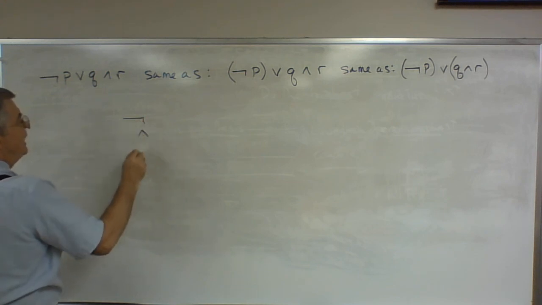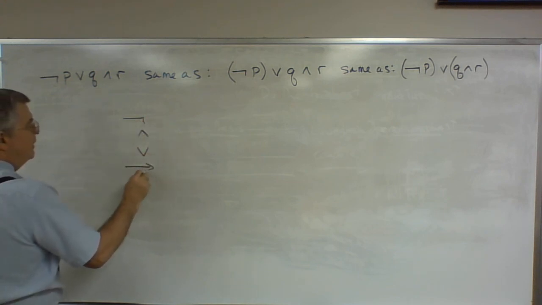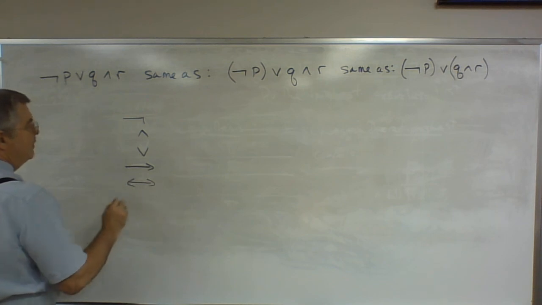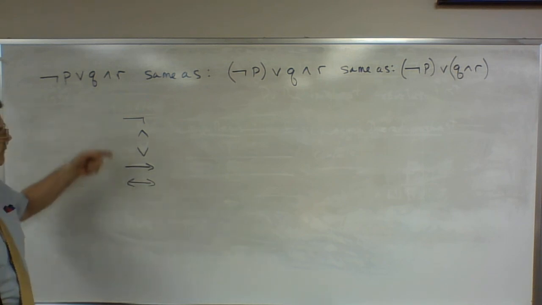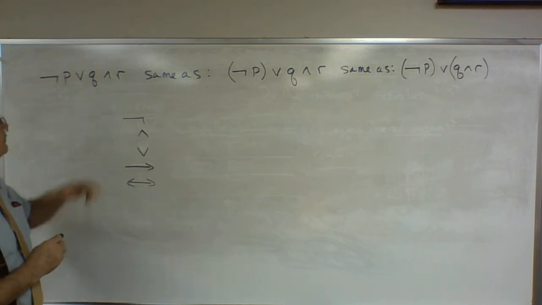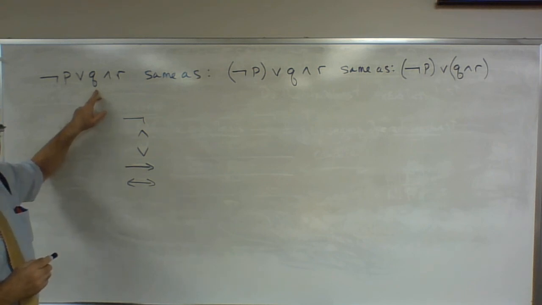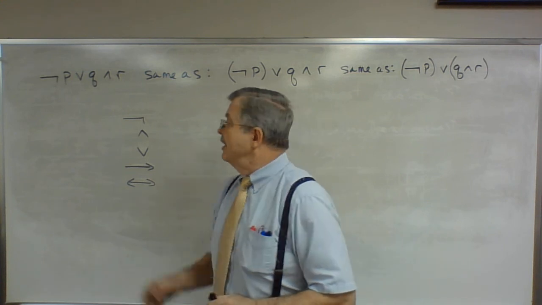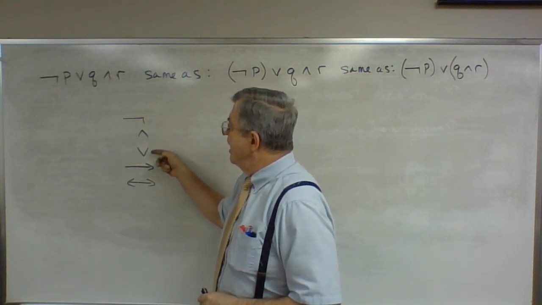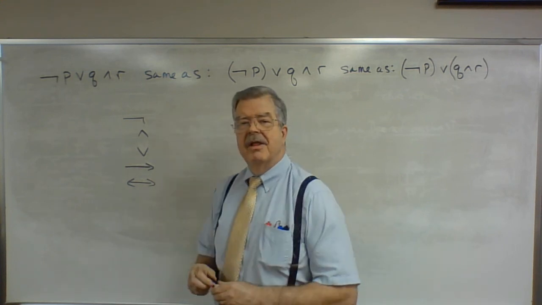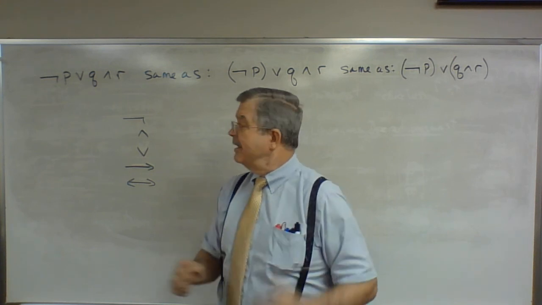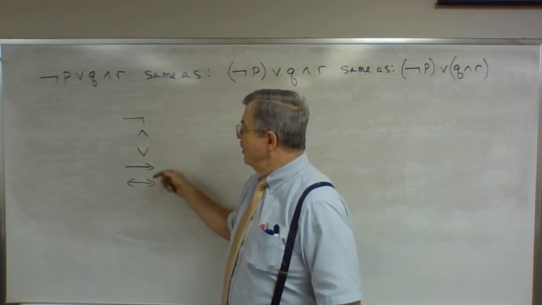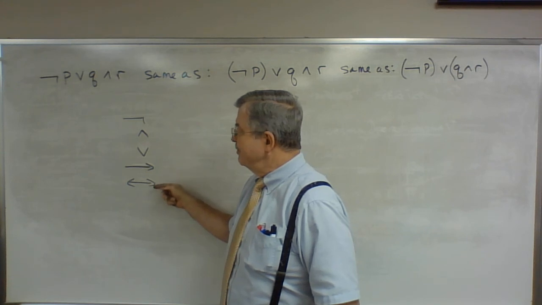Negation, and, or, conditional, biconditional, from highest to lowest. Just in case we ever have to decipher some piece of junk like this, we need to know the hierarchy of the logical operators. Not, and, or, conditional, biconditional.